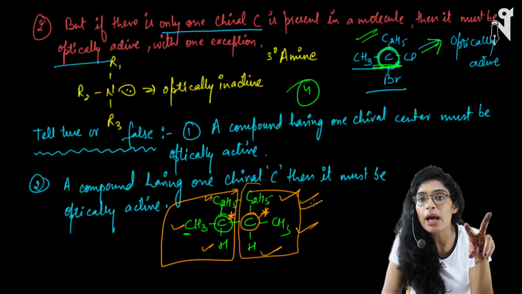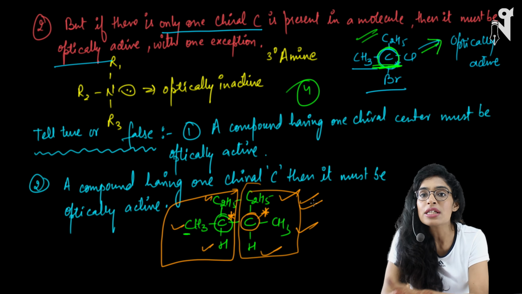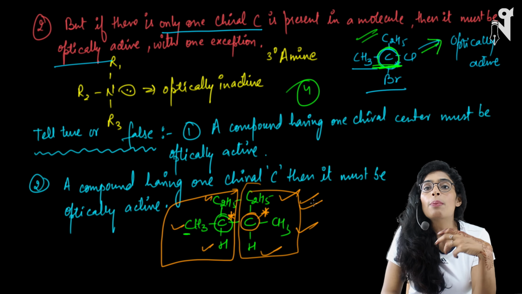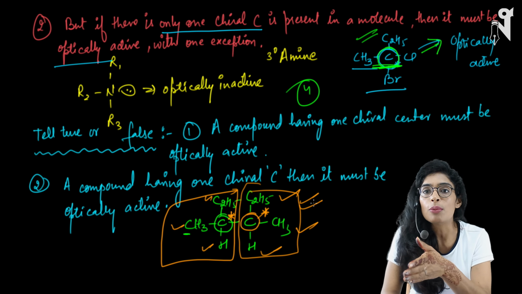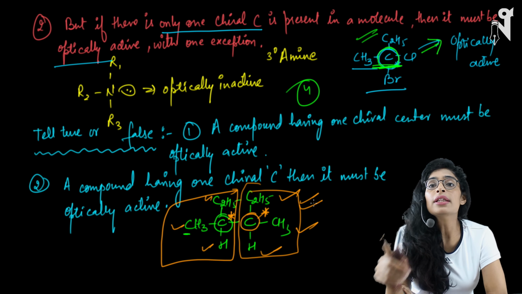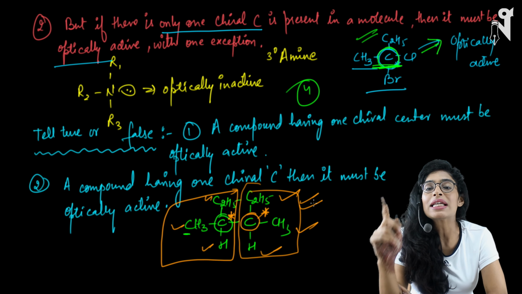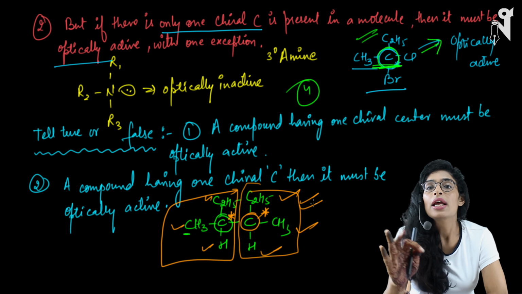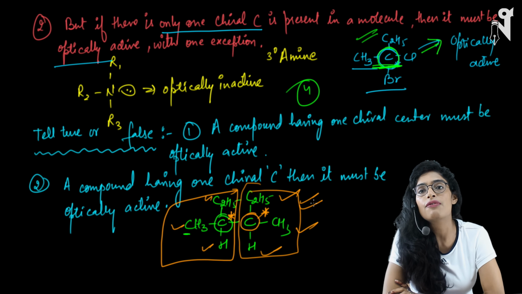This compound has 2 chiral centers, but it doesn't ensure that it will have optical activity. The presence of optical activity also depends on many other factors which we have to look at before saying that this particular compound is optically active. Only and only in the case where there is a single chiral center can we say that the compound is optically active without even looking at other factors.